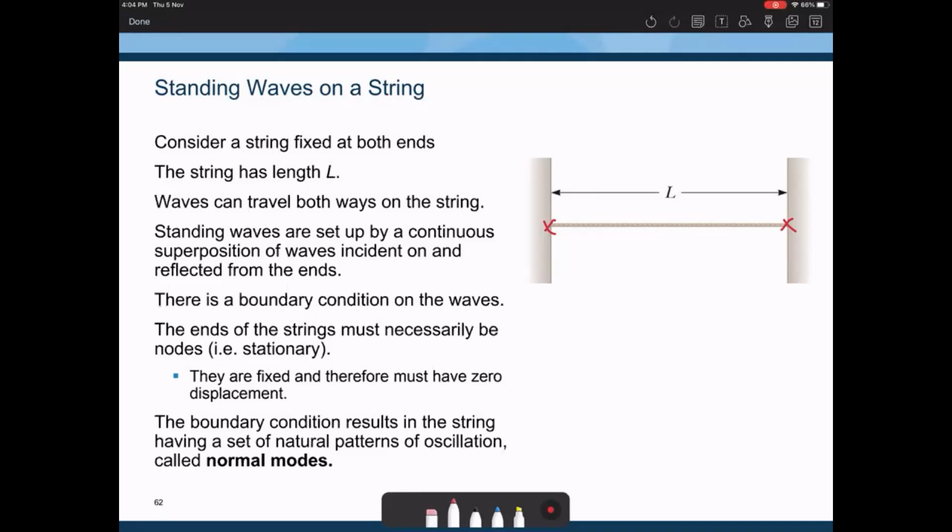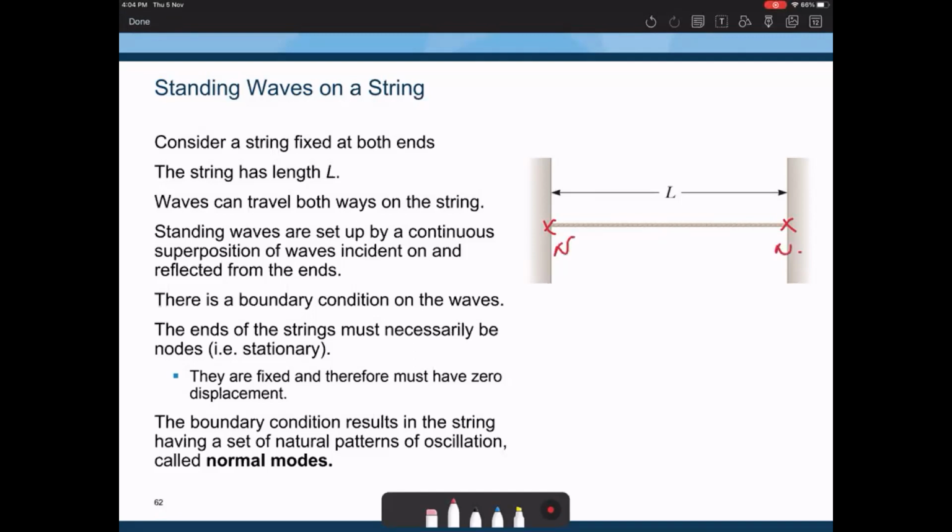So that is why I said a standing wave can only be generated when you meet a certain criteria. So what would be the criteria in this case? For example, the simplest standing wave pattern is where you have two nodes at the two ends.